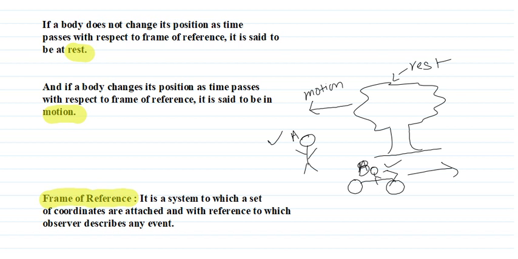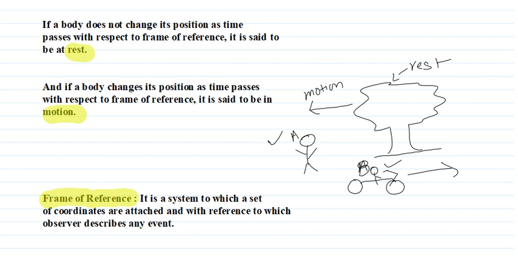In the second situation, according to B, the observer is moving on a motorcycle, so his reference frame is in motion. So rest and motion are relative terms. It depends upon the frame of reference or observer.